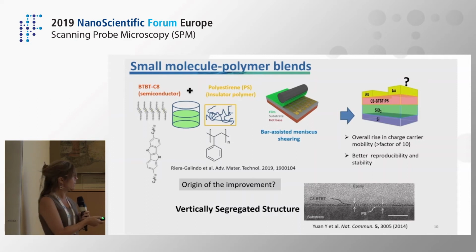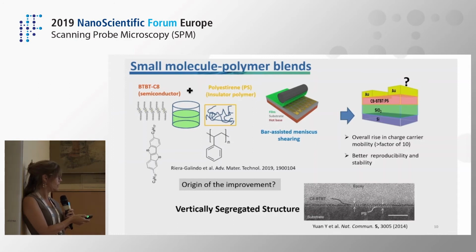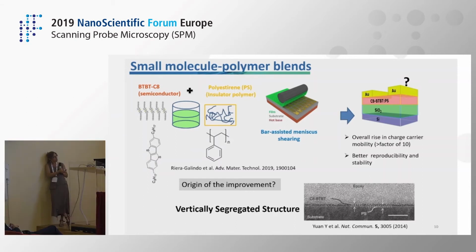And as you can see in this transmission electron microscopy image, it has been reported that the polystyrene goes to the bottom in the dielectric, whereas the BTBT-C8 crystallizes on top. And as I said, this vertically segregated structure has been determined and proposed for different material combinations.